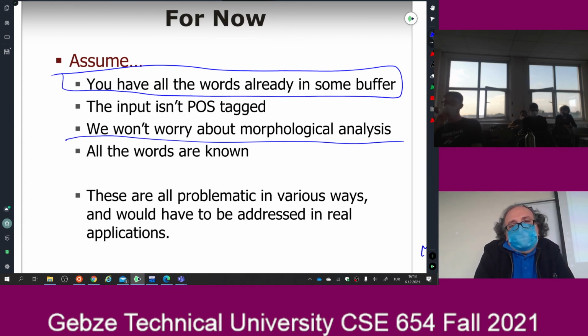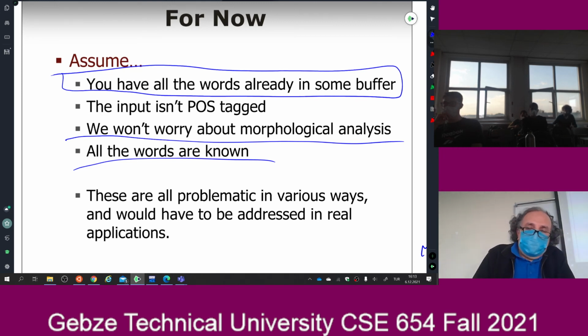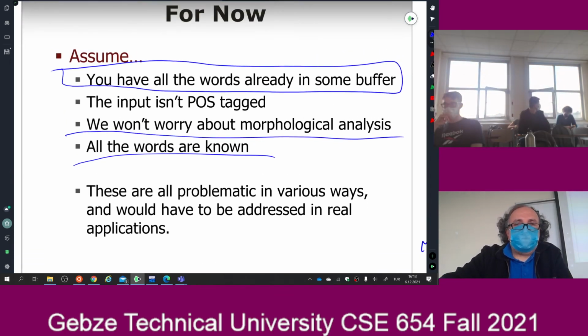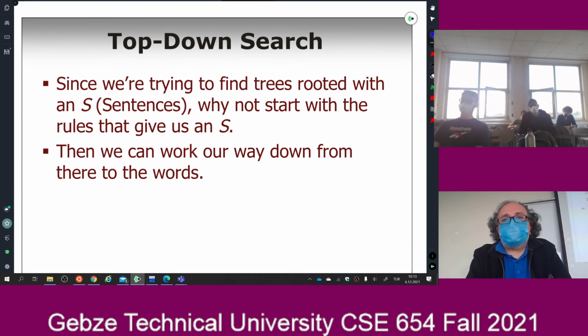But this is how it works for English. And all the words are known. If I don't know the words, this will not work. Some of these are very strong assumptions. They may not be compatible with real world cases, but this is the way it is. And maybe we can solve some of these problems later. Okay, first, let's do the top-down search.